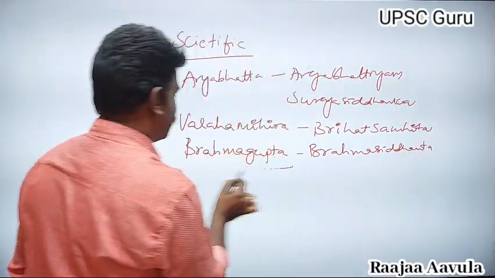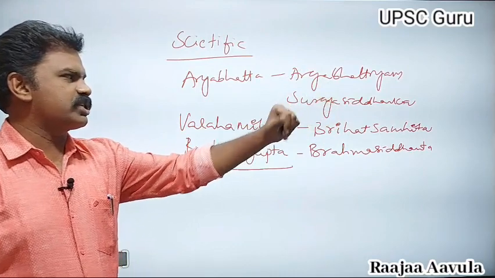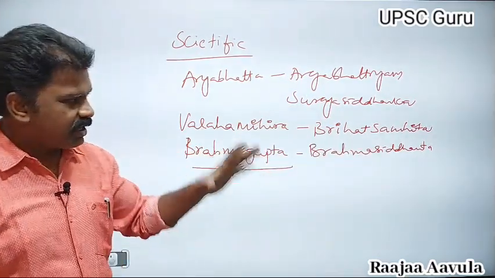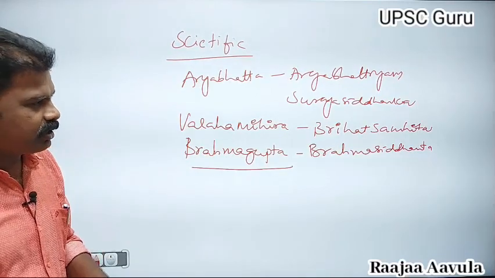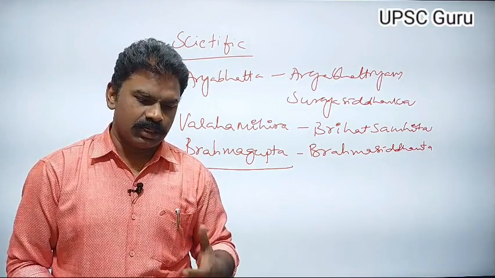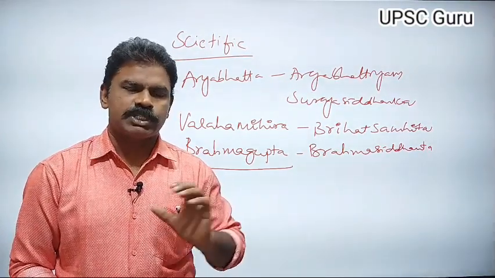He was considered the Indian Newton. Aryabhattiyam, Surya Siddhantika, Bruhat Jataka, Bruhat Samhita and Brahma Siddhanta, all these books are on astrology and astronomy of the Gupta period.